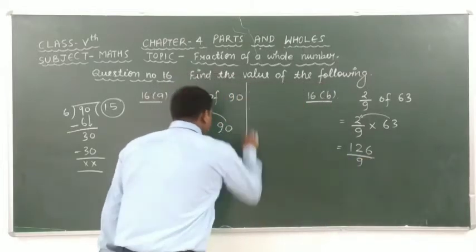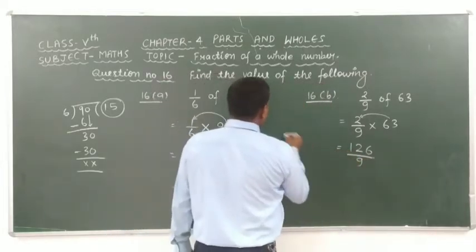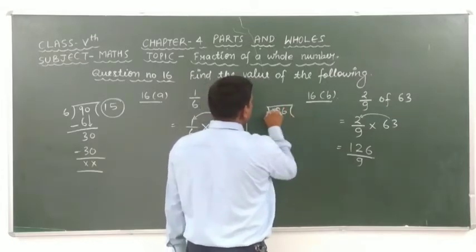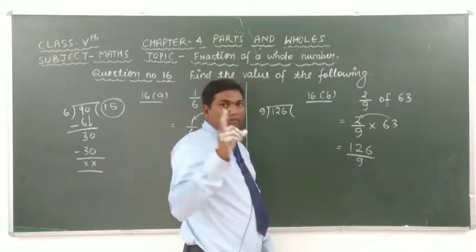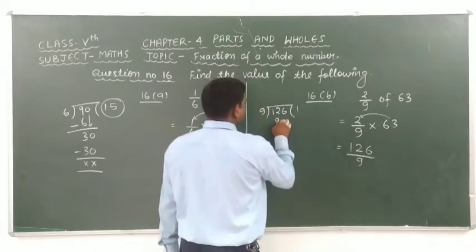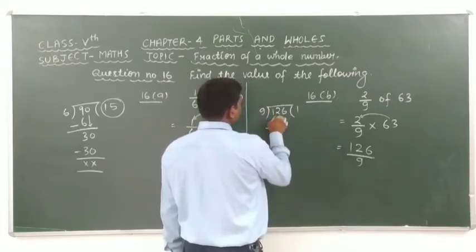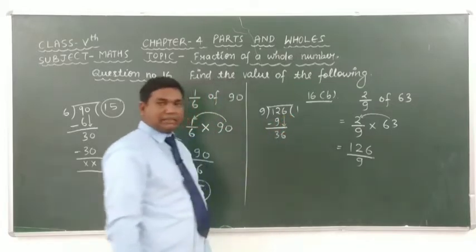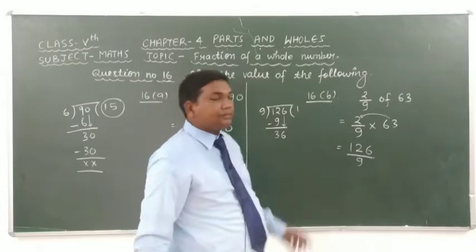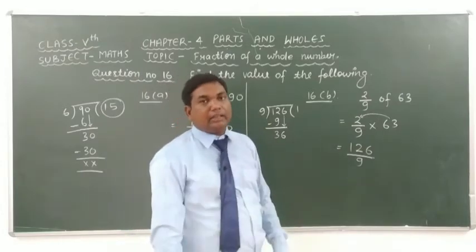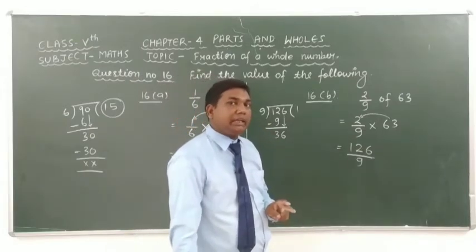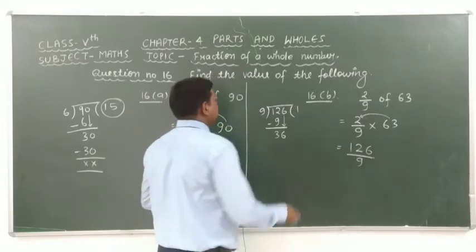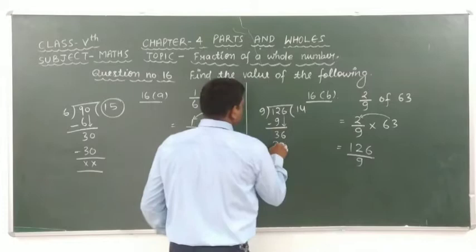Dear students, here we have to take the division of 126 by 9. 9 times 1 is 9. After subtracting these we get 12 minus 9 is 3, and here we have to take 6 as same. 9 times what? Recall the table of 9. 9 times 1 is 9, 9 times 2 is 18, 9 times 3 is 27, and 9 times 4 is 36.